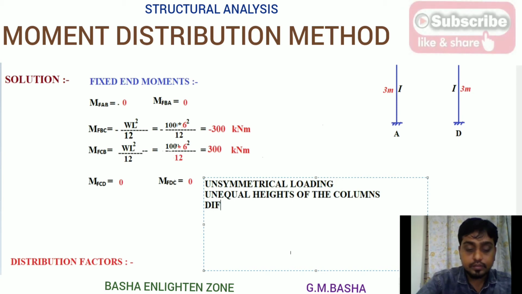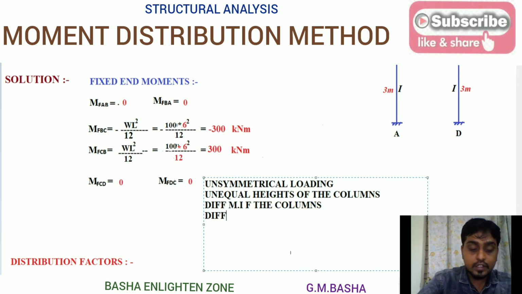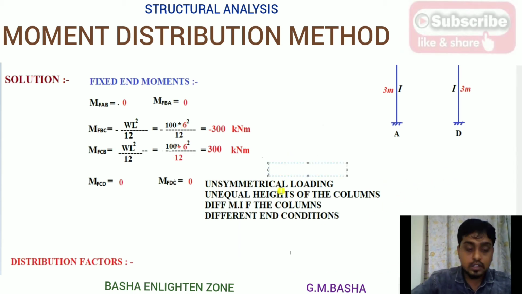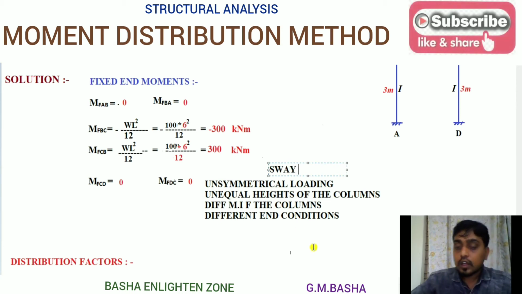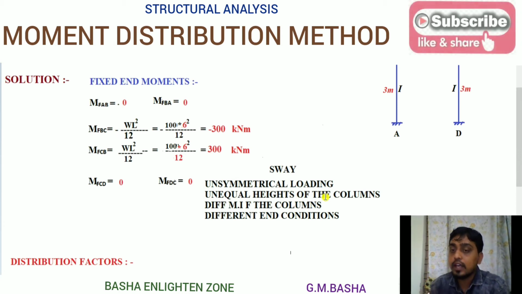Different moment of inertia of the columns. Then unsymmetrical, different end conditions. So these are the conditions for sway analysis. If any of these conditions happens in the frame, then the frame leads to sway analysis.